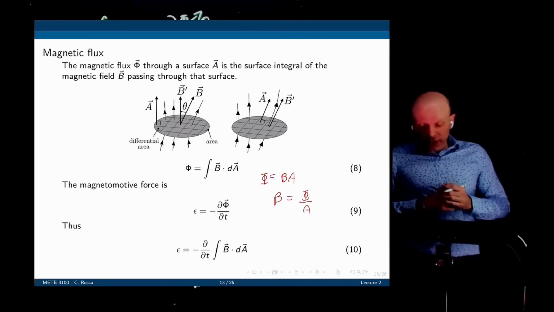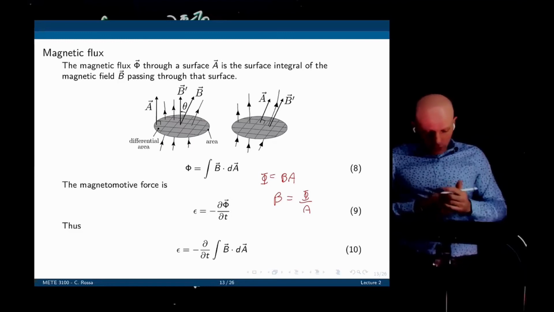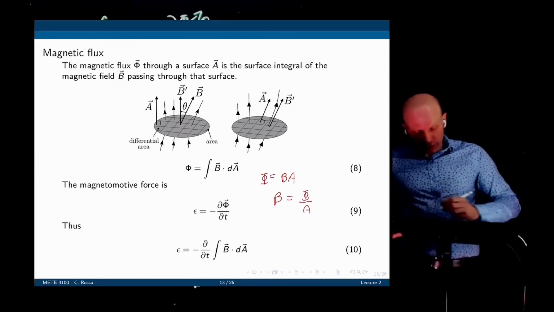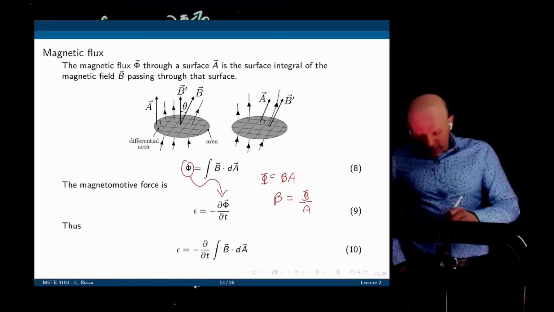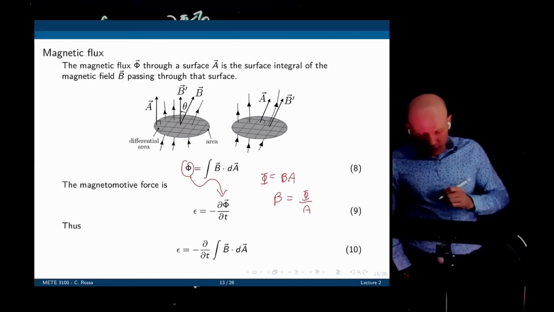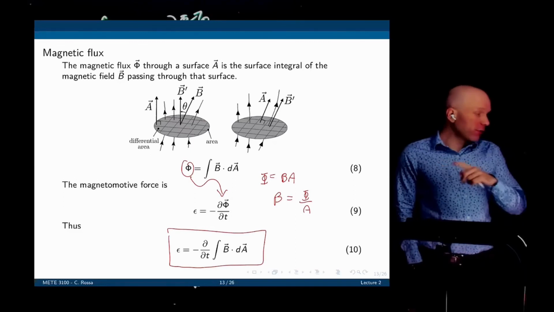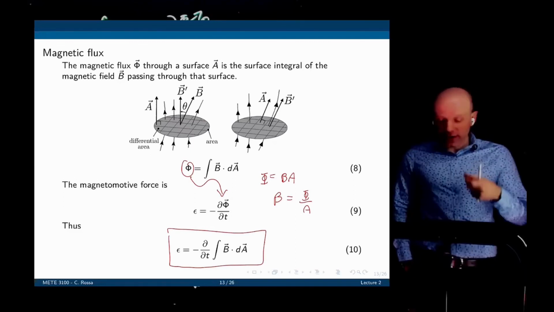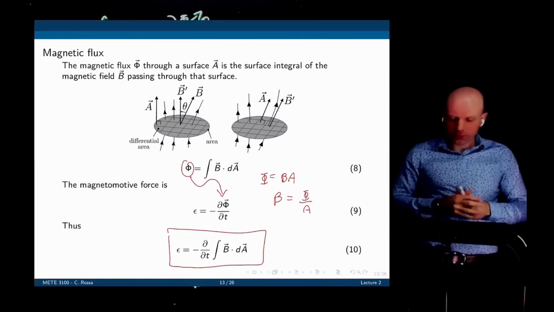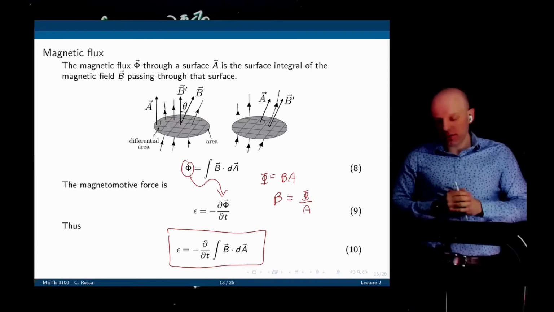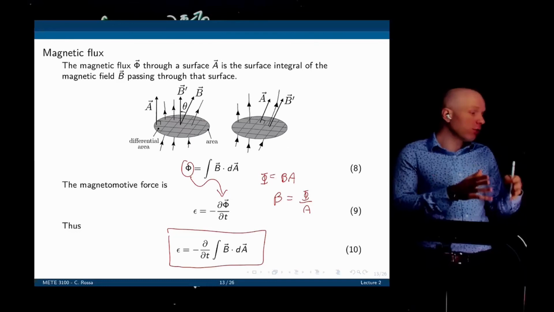We know that the electromotive force is defined as d phi dt. So we can now take our magnetic flux and include that in this definition. And you can now calculate the total induced EMF based on two interesting things. Instead of just the magnetic flux or variations of the magnetic flux, if we define an area through which that magnetic flux is passing, then you can see that the induced EMF also depends on the area, and is the derivative of the integral of BA.